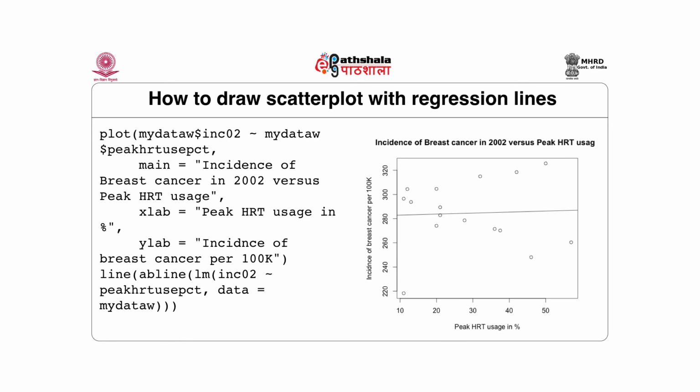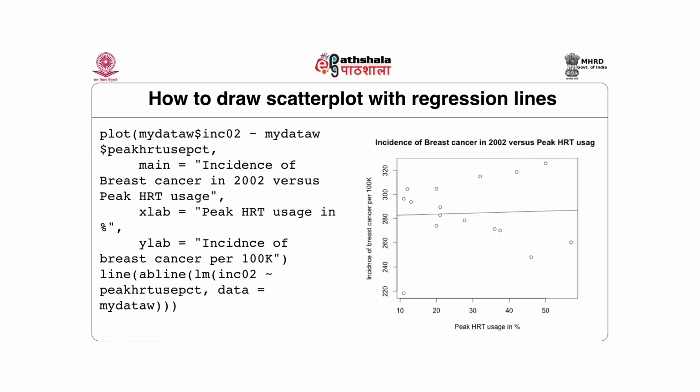For example, in this particular example, we have decided to draw the incidence rate of breast cancer in the year 2002 and the peak HRT use percentages, which we treated as a continuous variable, and then we decided to just put it in the form of a graph. See how easy it is to construct a graph. R almost intuitively knows what kind of variable you are dealing with, and accordingly it plots the graph.